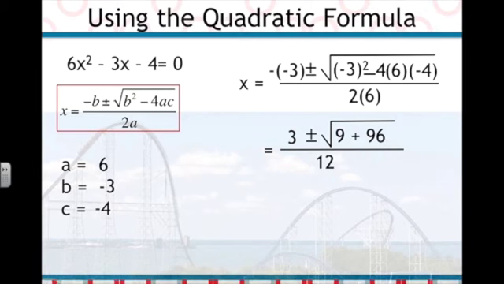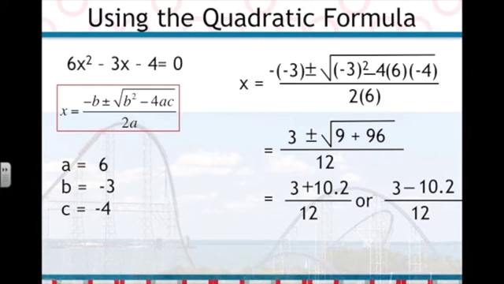9 plus 96 is 105, and you can use a calculator to find the square root of 105, which is 10.2 rounded to the nearest tenth. So now we need to find 3 plus 10.2 over 12 and 3 minus 10.2 over 12. 3 plus 10.2 is 13.2, but 3 minus 10.2 is negative 7.2.